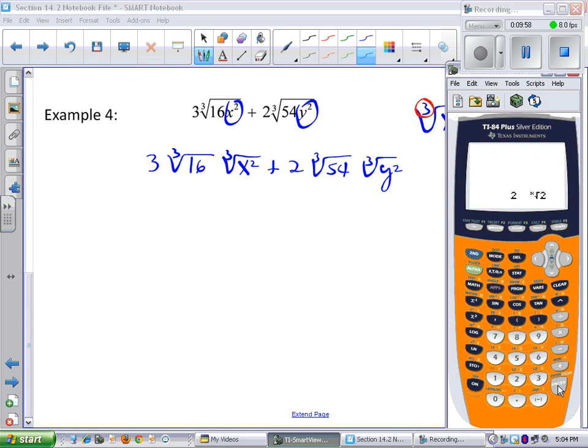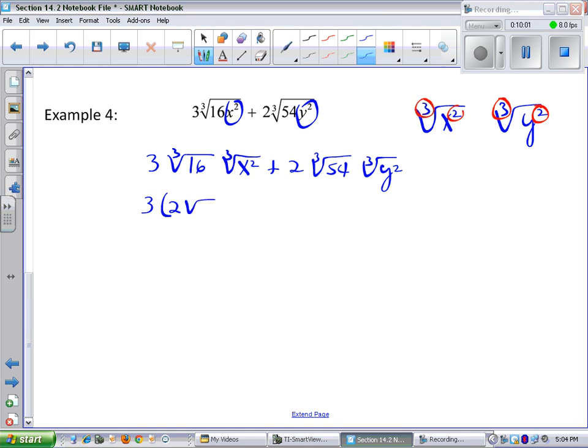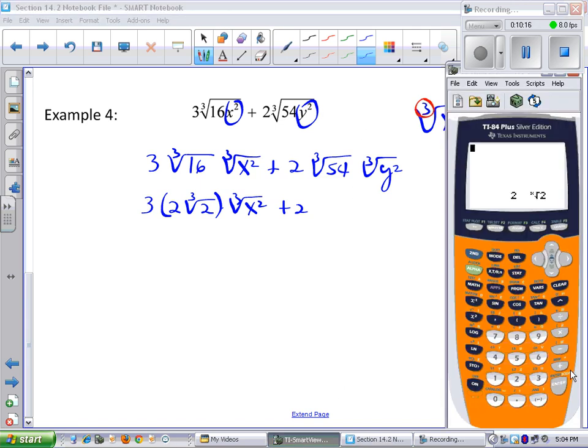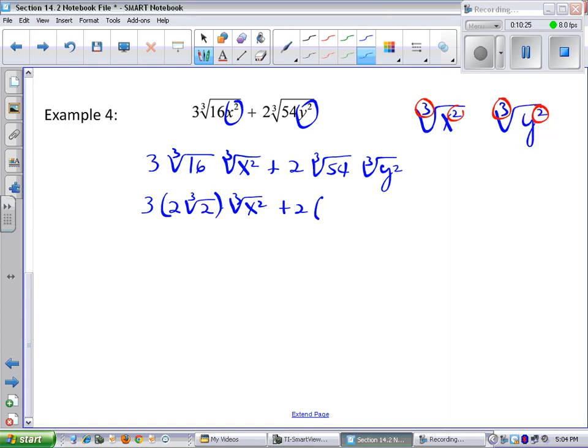So I have 3 times 2 cube roots of 2 times the cube root of x squared plus 2 breaking down the cube root of 54 gives me 3 cube roots of 2, and then the cube root of y squared stays underneath the radical.